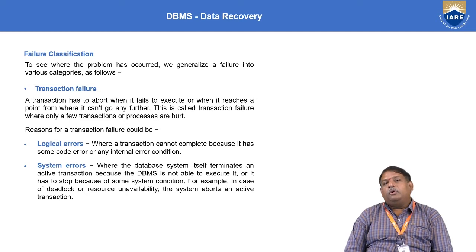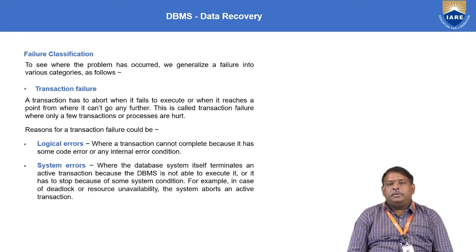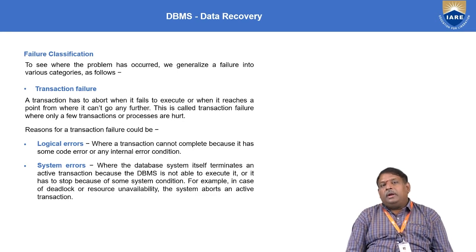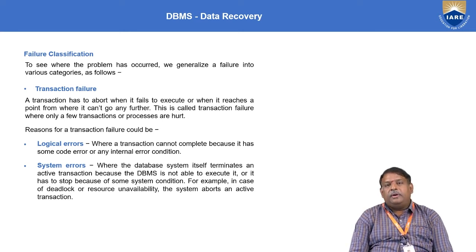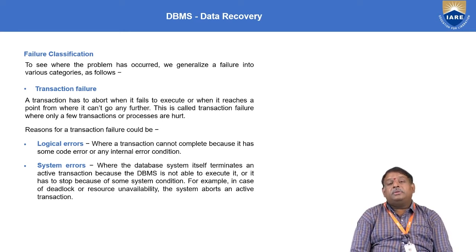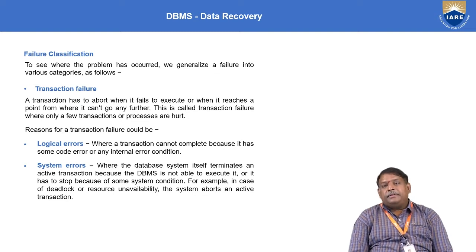The transaction failure could also be due to system errors, where the database system itself terminates an active transaction because the DBMS is not able to execute it, or it has to stop because of some system conditions. For example, in case of deadlock or resource unavailability, the system aborts an active transaction.